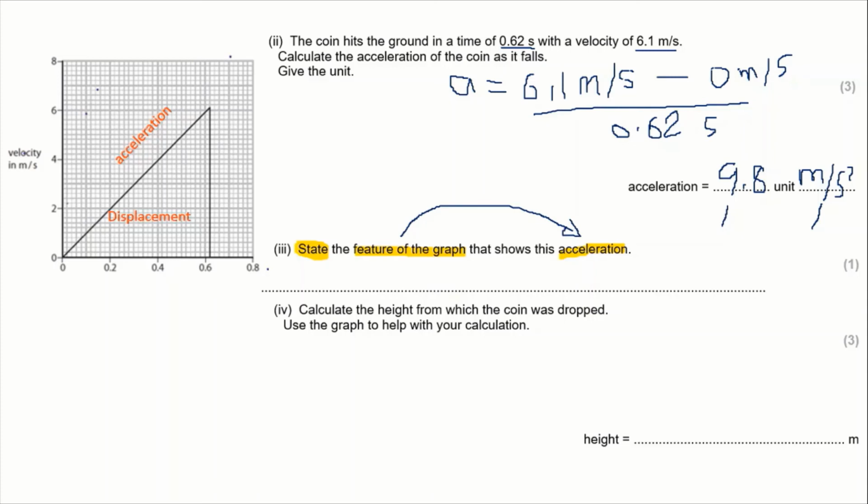So you just have to state which feature represents the acceleration. It's the gradient. It's just that one word, gradient, which you have to write as the answer.